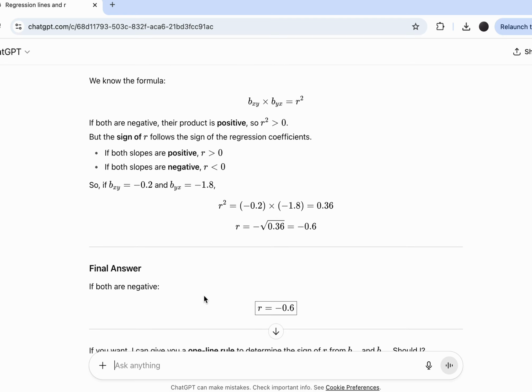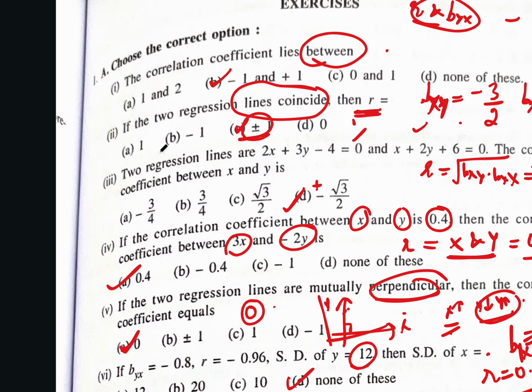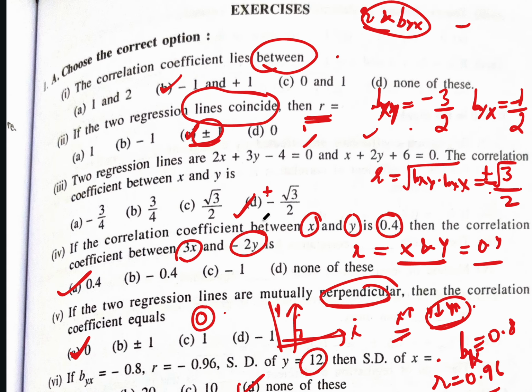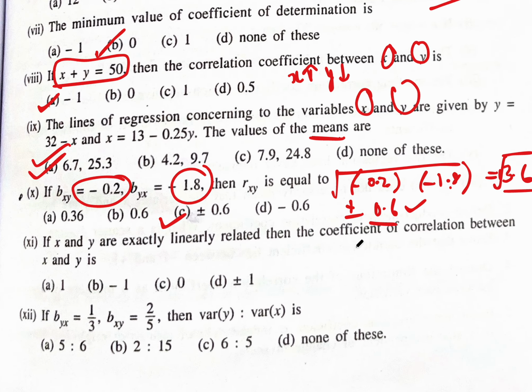Okay, so this is a rule, which is why, okay. So, wait, this was also right. If both are negative, then r is negative. And similarly, if both are positive, then r is positive.